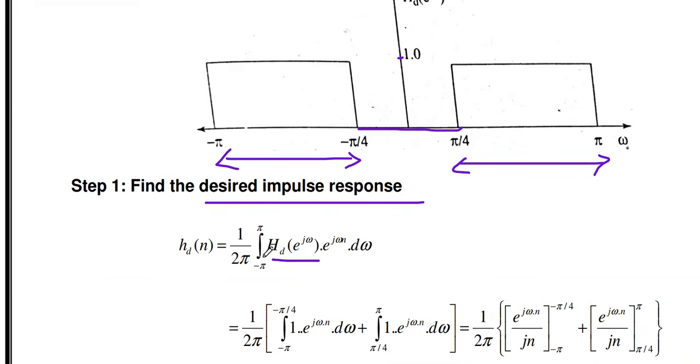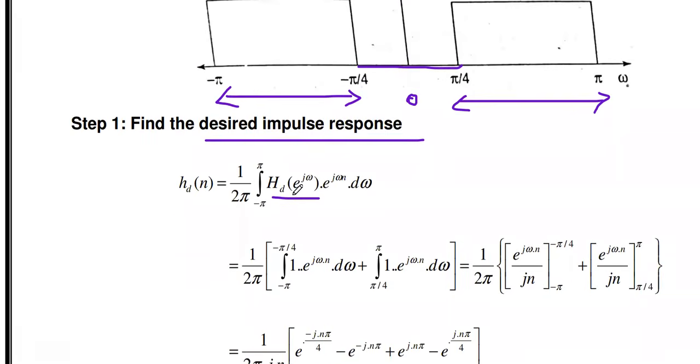So that's why we can split this integration from minus pi to pi into three limits. In two limits, HD of e power j omega has the value 1, and in the middle interval it has the value 0.